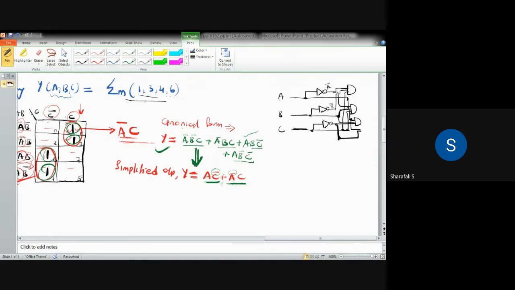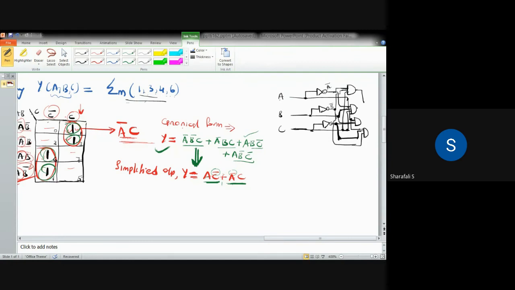Then the first one is B bar, B bar I have to take. So you can see how many AND gates you have to connect.